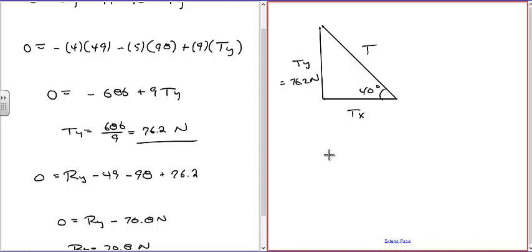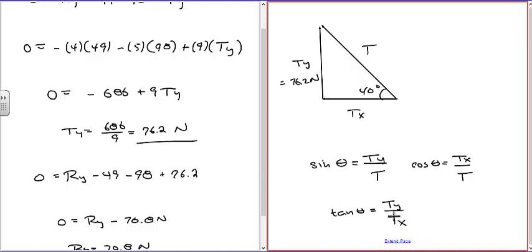So trigonometry says that the sine of theta is the opposite over the hypotenuse. Cosine of theta is the adjacent over the hypotenuse. And the tangent of theta is equal to the opposite over the adjacent. So these are the three main trig functions. Well, if you look here, which one can I use? Well, I know t sub y, and I know theta, right?